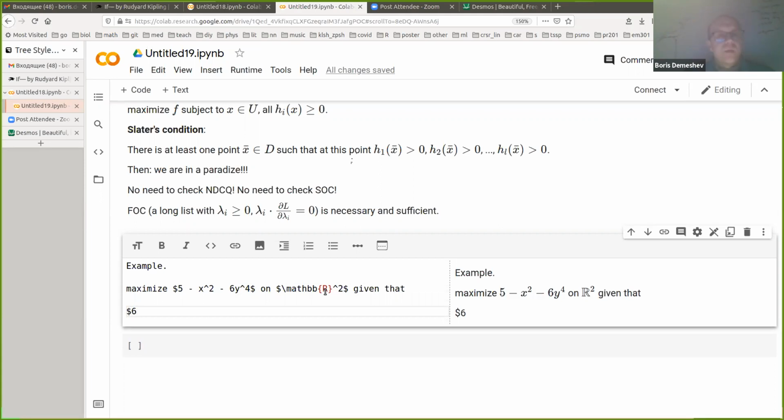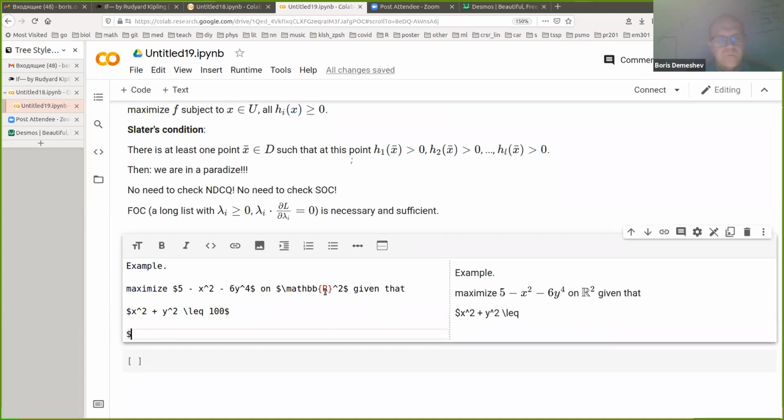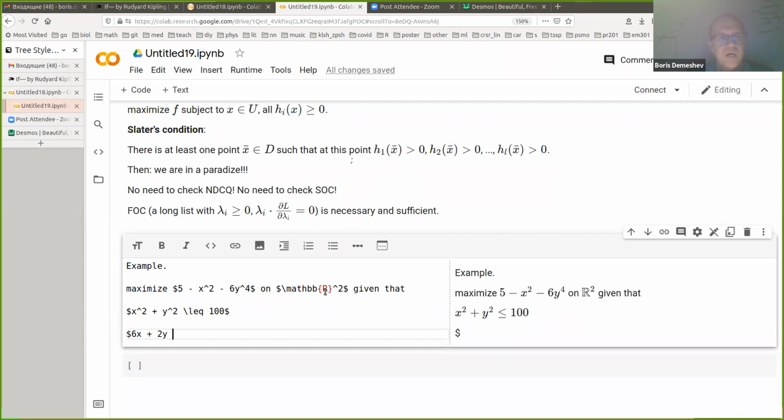My inequality constraints will be x squared plus y squared is less than or equal to 100, and 6x plus 2y is greater or equal than -5.